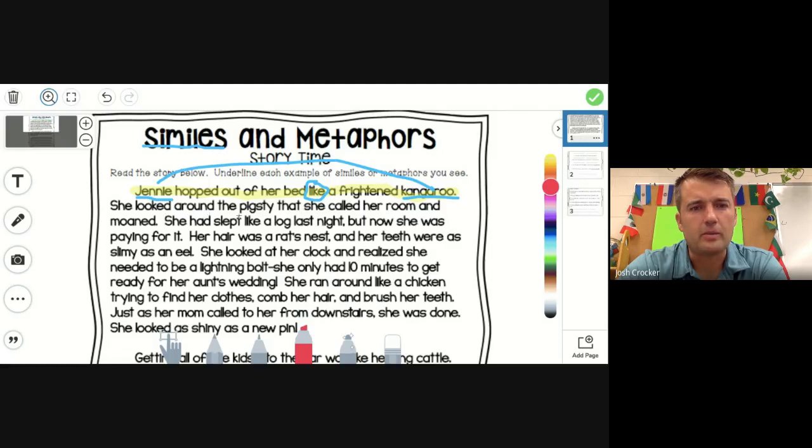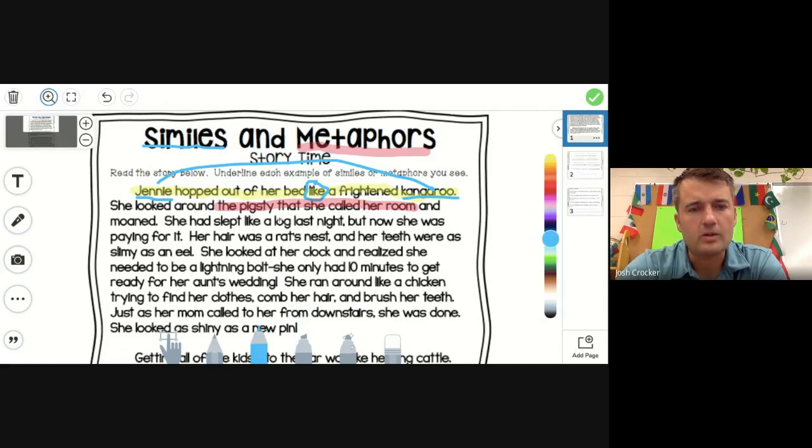"She looked around the pigsty that she called her room and moaned." Well, in that sentence, we have a metaphor. The reason that this sentence is a metaphor is because we are making another comparison, and we don't use any like or as.